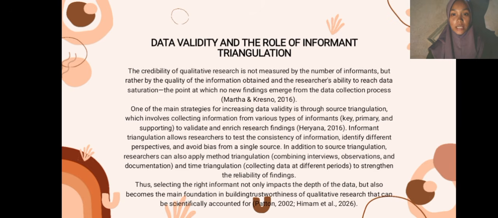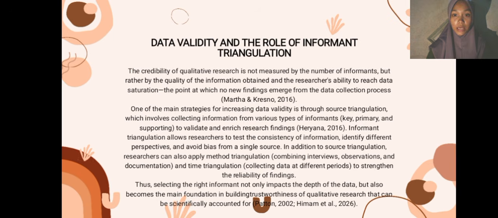The last material is data validity and the role of informant triangulation. The credibility of qualitative research is not measured by the number of informants, but rather by the quality of the information obtained and the research's ability to reach data saturation, the point at which no new findings emerge from the data collection process (Marta and Kresno, 26).